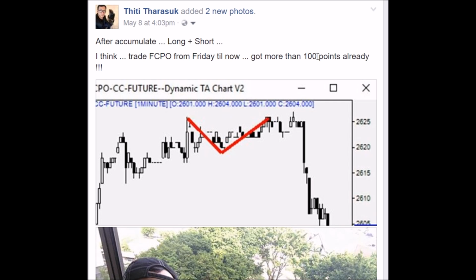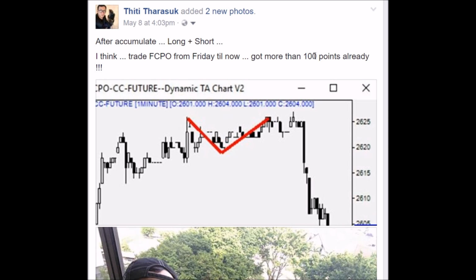If you trade just one contract, you earn 2,500 ringgit. 2,500 ringgit is around the salary for a just-graduated student. That means you can make money in around 3 days.